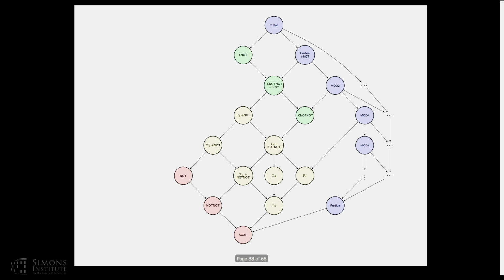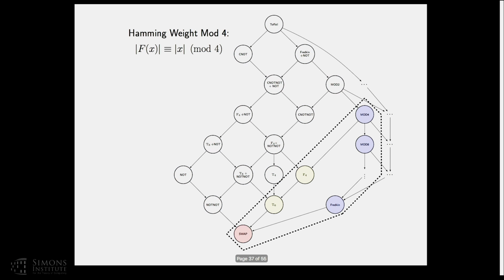So thinking about the lattice again, you hand me a gate, and I want to know which class it falls into. And so you basically just iteratively ask a bunch of questions about the invariants which it preserves. So for instance, you could ask, does it preserve Hamming weight mod 4? And you say, yes, OK. So it must lie in one of these classes. And you say, is it affine?